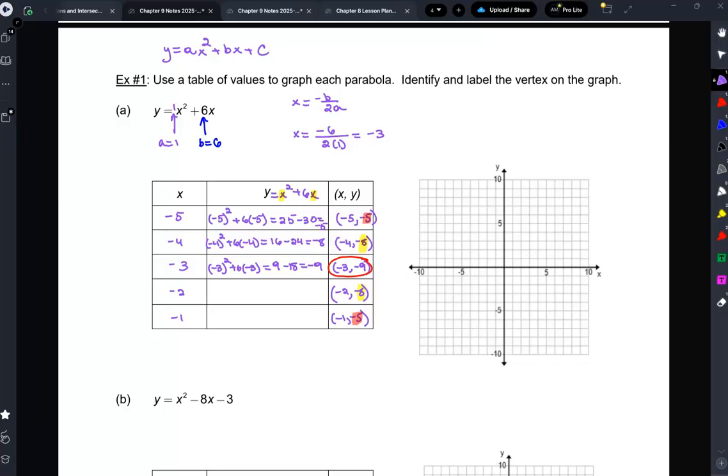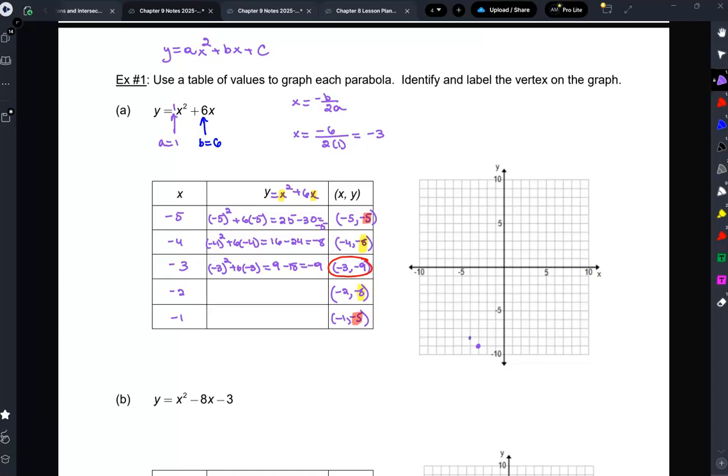How are we doing? Who's excited? Oh, Benny's excited. He's extra excited today. I am super excited. Y'all don't understand how important parabolas are. -3, oh, be careful what you are saying there, Benny. Okay, so I have -4, -8.